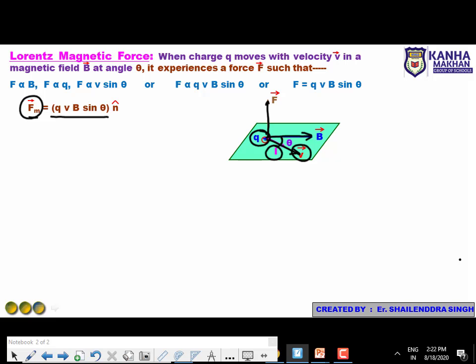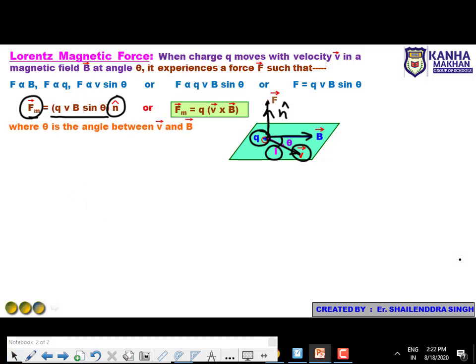Experimentally it is observed that the direction of the vector is perpendicular to the plane, the normal n cap. Therefore, the force is Fm equals q v cross B. It is the cross product of the two vectors v cross B, where theta is the angle between the vector v and the vector B.